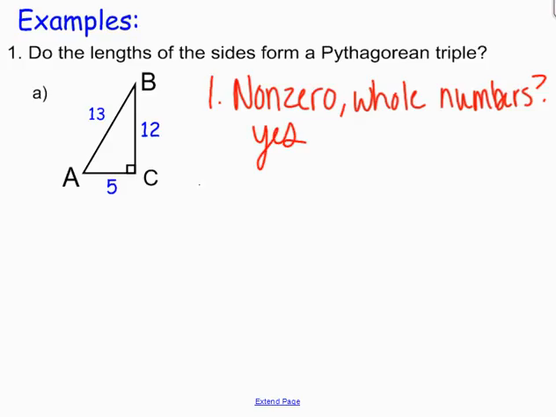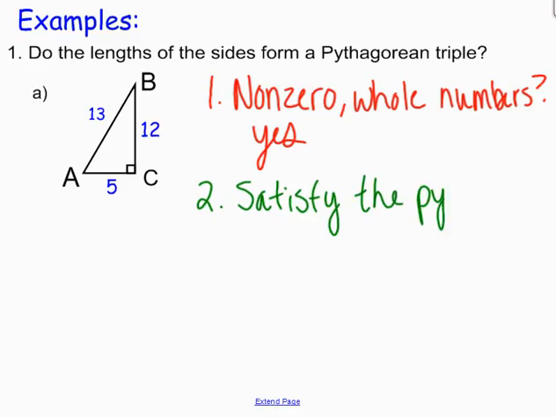The second part I need to check is that they satisfy the Pythagorean theorem. So what I need to do is plug those numbers into the Pythagorean theorem.